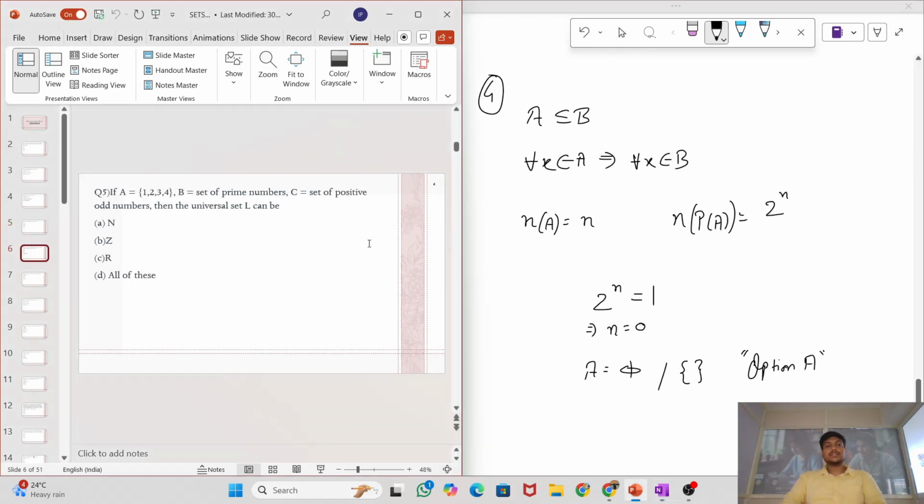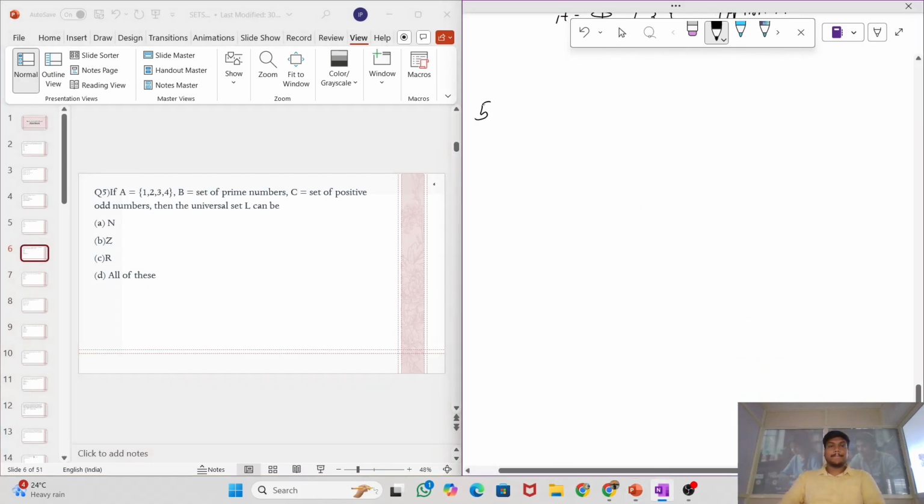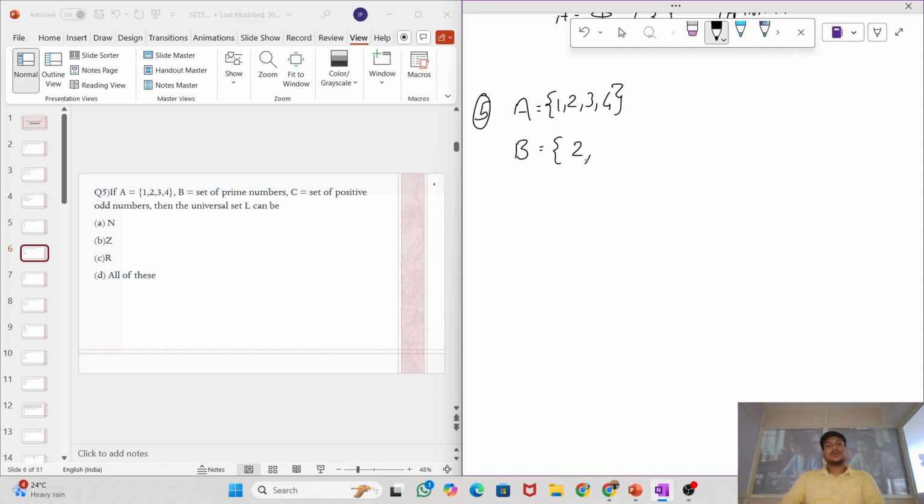Alright, let's move on to the next question. The next question is, we have been given some sets. Set A is 1, 2, 3, 4. Set B is the set of prime numbers. If I want to list out the elements, then it would be 2, 3, 5, 7, 11, 13 and so on, as we know that the set of prime numbers will have infinite elements.